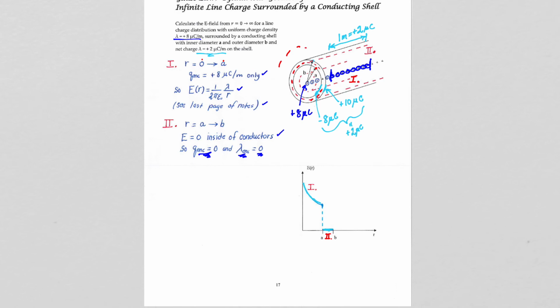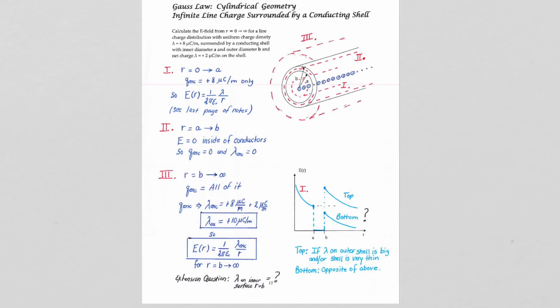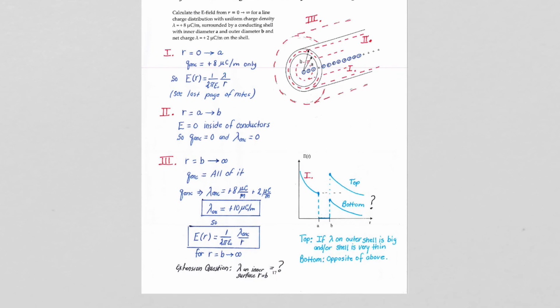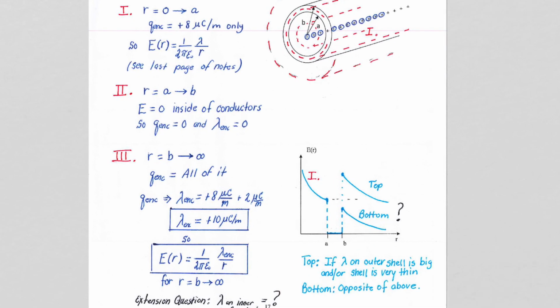We put a Gaussian surface somewhere up here. That also is not a terribly difficult Gauss's law derivation, because Q enclosed equals all of it. That means we have a plus 8 microcoulomb line charge at the center, plus 2 microcoulomb charge on the shell, so we have a plus 10 microcoulomb charge overall.